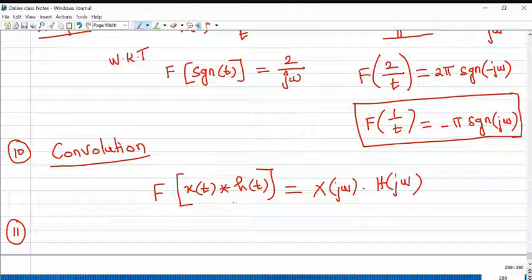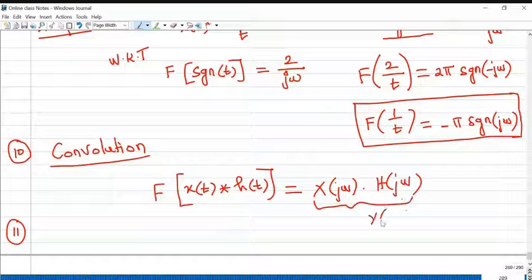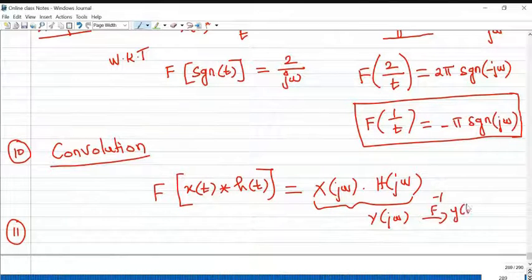But the same thing we can implement in the frequency domain, and it's very simple. Find the Fourier transform of x of t, find the Fourier transform of h of t, and multiply these two. This result is equal to y of j omega. Then if you take the inverse Fourier transform, you will get y of t easily.